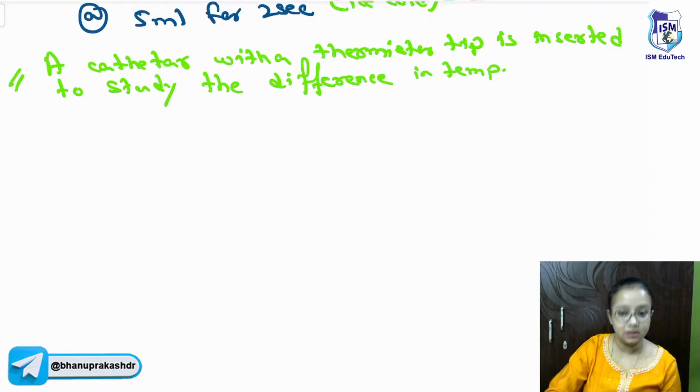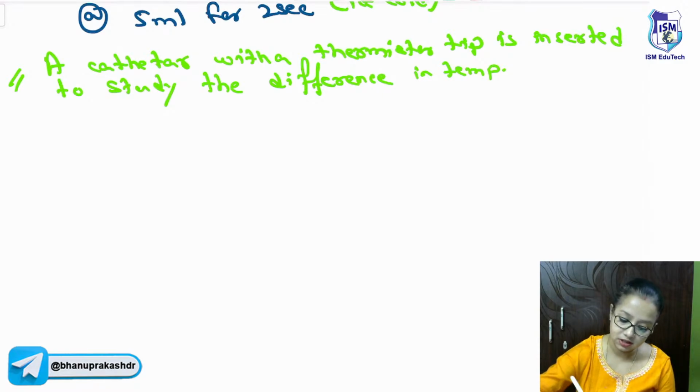So that way the temperature difference and the concentration of the dye, all this together used to be calculated through the Stewart-Hamilton equation.